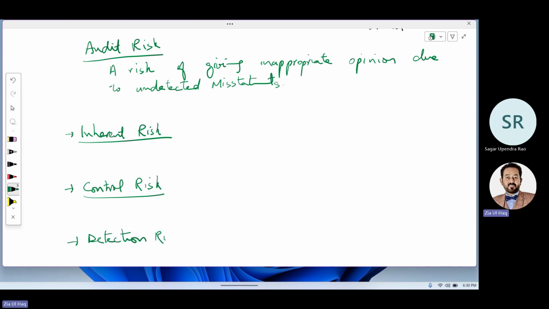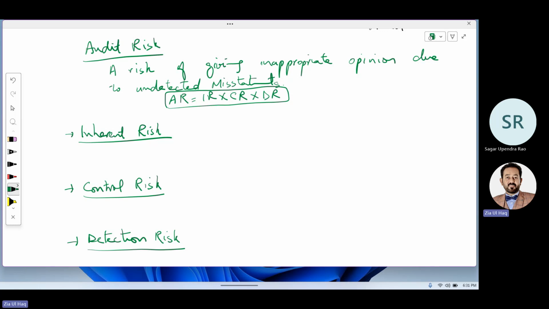In the audit risk model, AR is a product of inherent risk into control risk into detection risk. This equation is called the audit risk model: audit risk is equal to inherent risk into control risk into detection risk.